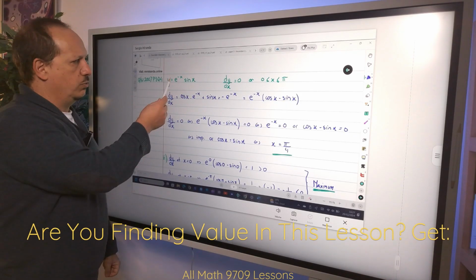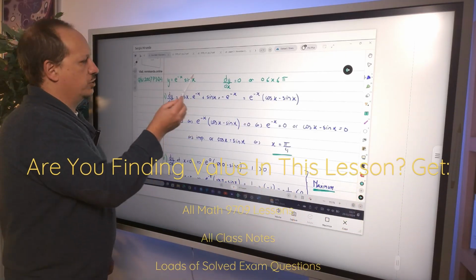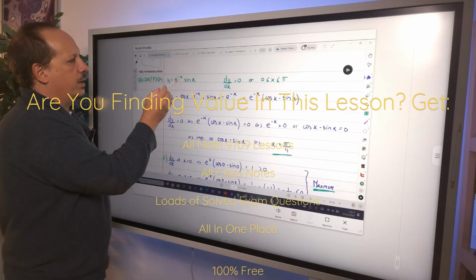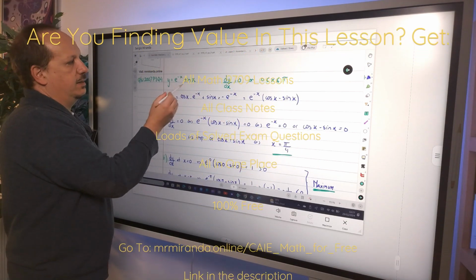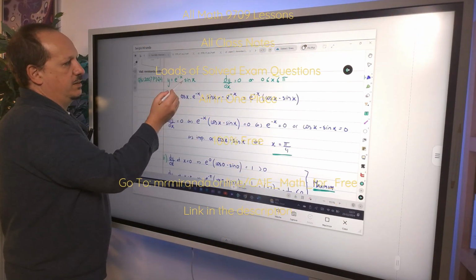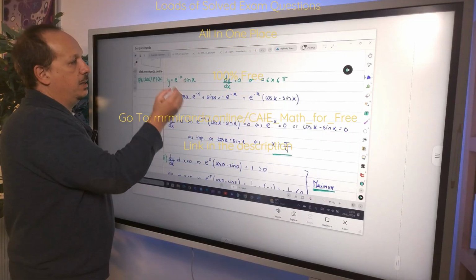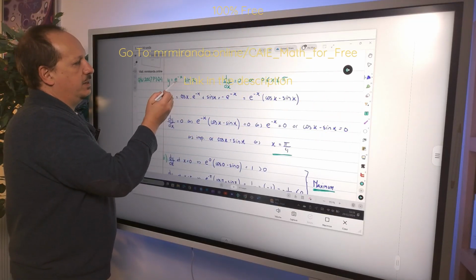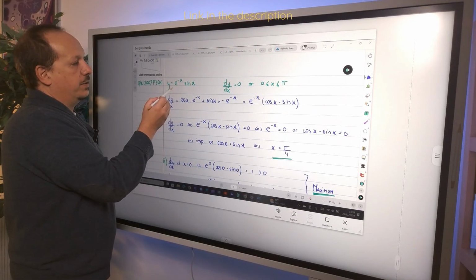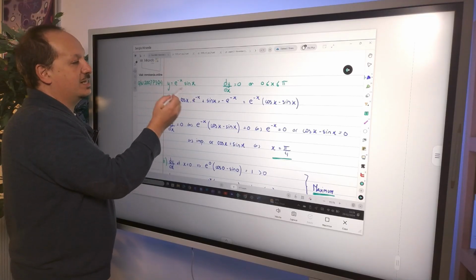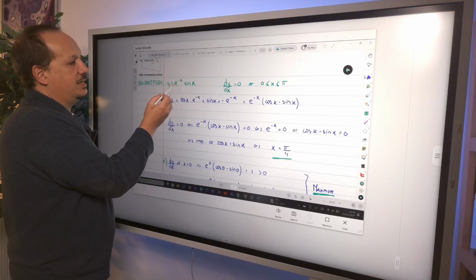So I already know what to do over here. This is the product of two functions. So I have to differentiate the second and multiply by the first as is.